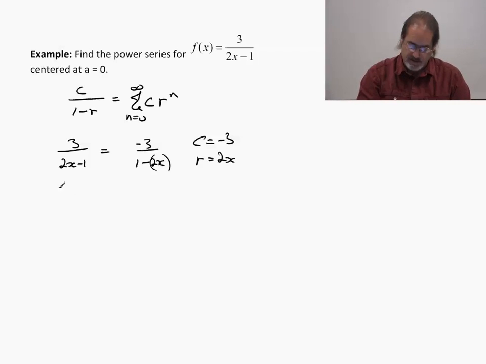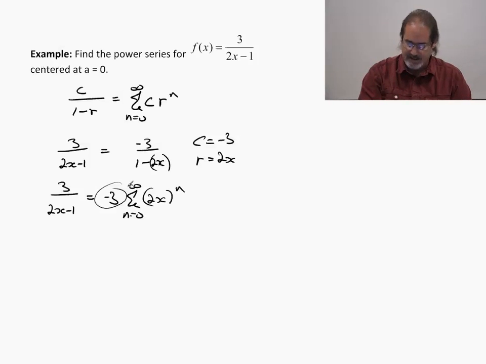So this is telling me that 3 divided by 2x minus 1 is actually equal to negative 3 times the sum, n equals 0 to infinity, of (2x) to the n. Again, this negative 3, you can put it back in to match this format, or you can pull it out.